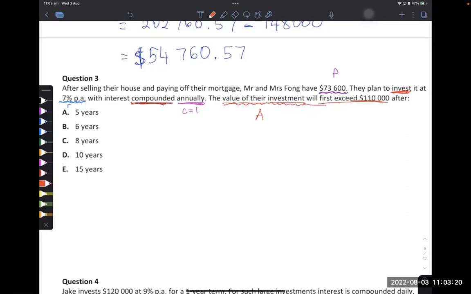Since it's only compounding once a year, how much would your amount be after 1 year? How would you calculate that? Okay. You have 73,600.